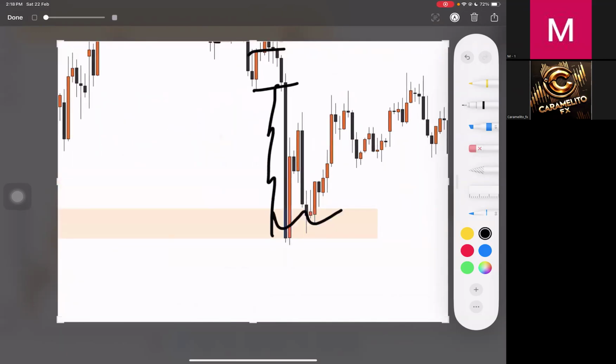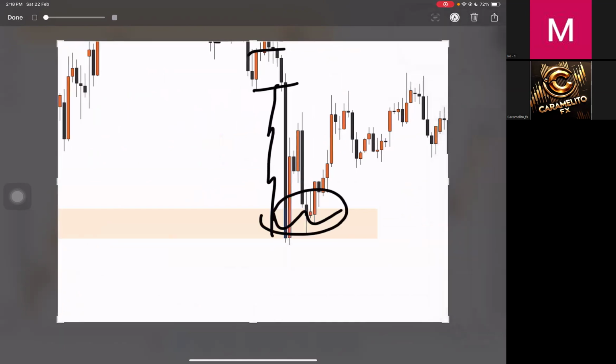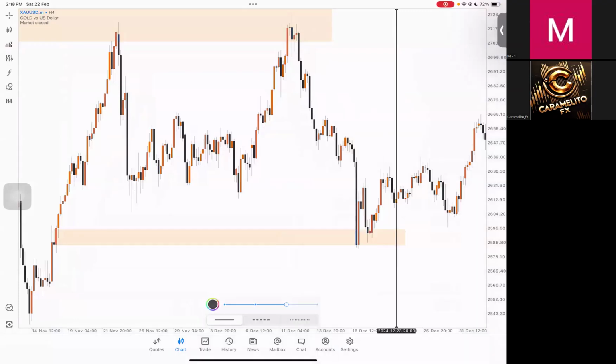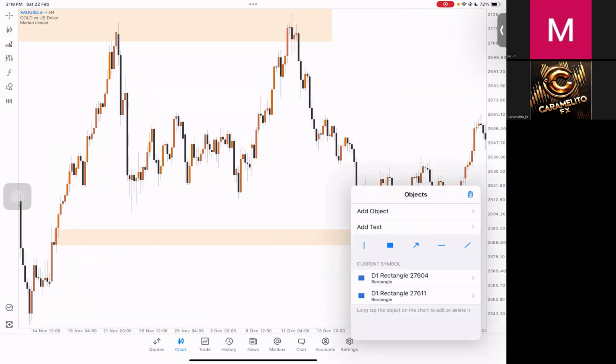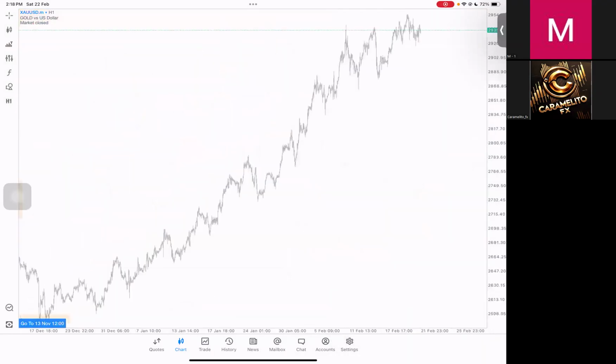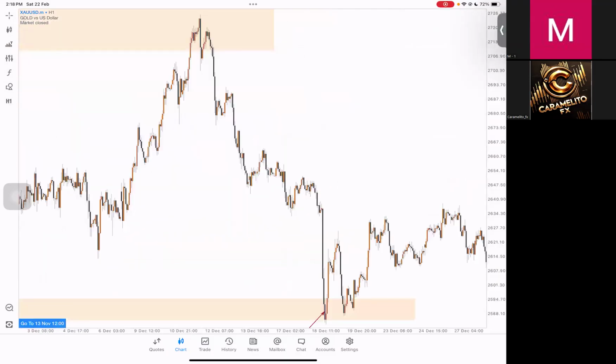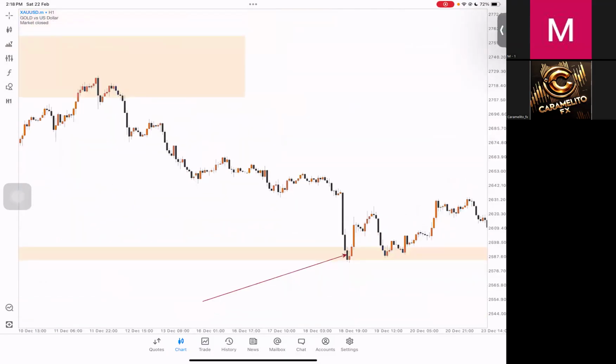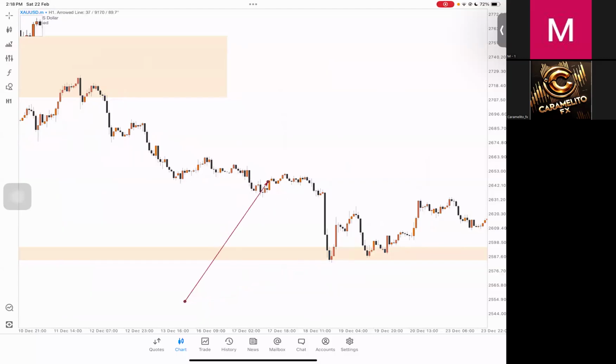Maybe on H4 you did not see anything clear like this, right? But if I change to H1, you can see here. If I put this arrow on H1 or M15, because that's the time frame we're going to enter on, you see what price is trying to do? Go inside my buy zone.